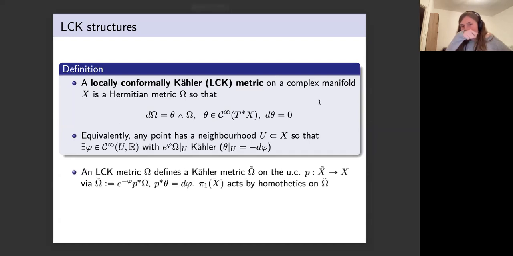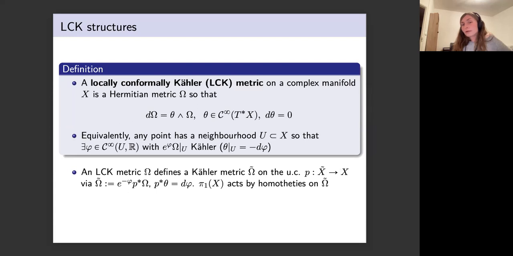And the remark here is that if you have this closed form, then it is locally exact. So this is what gives you local Kähler metrics, which are conformal to your metric, and it globalizes to the universal cover. On the universal cover, your closed one form becomes exact.